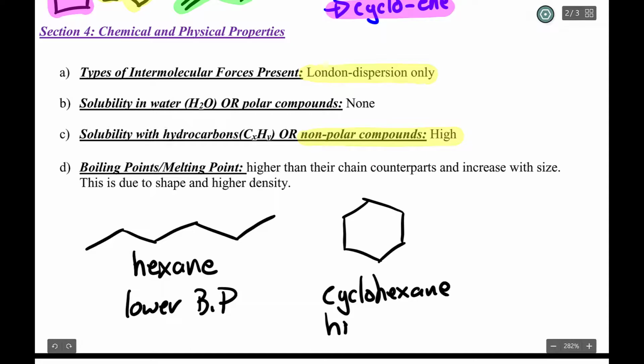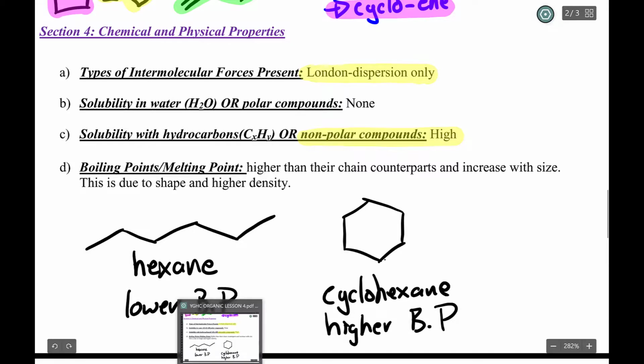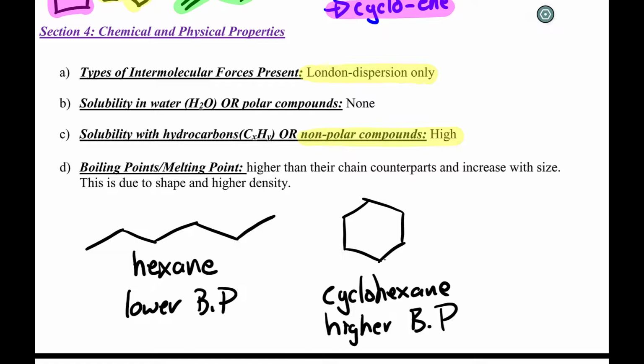This would have the higher boiling point because cyclic compounds kind of stack like coins. They can get a better connection between the electron clouds between the compounds, and so they're a little bit higher. It's not drastically higher, but a cyclo compound will always have a slightly higher boiling point than its chain counterpart.